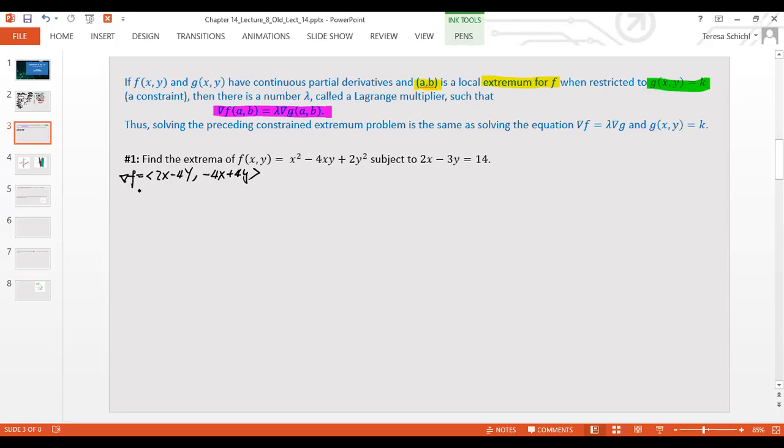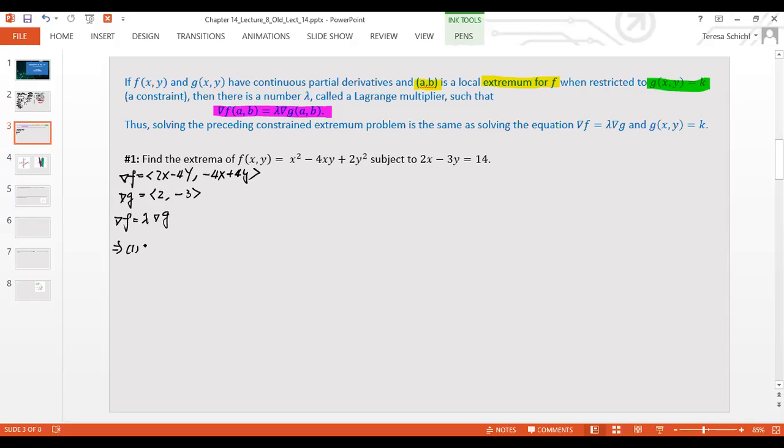For the function f, where I want to find the maxima or minima, del g is the derivative of the constraint here, so g_x will be 2 and g_y negative 3. Based on the Lagrange multiplier, I know that del f is equal to lambda del g.